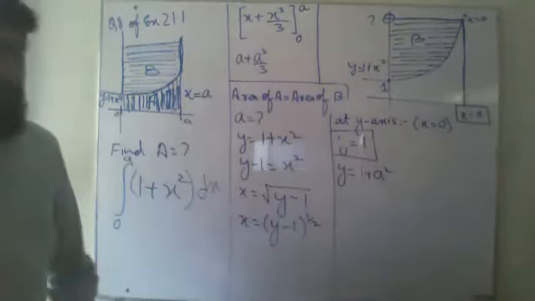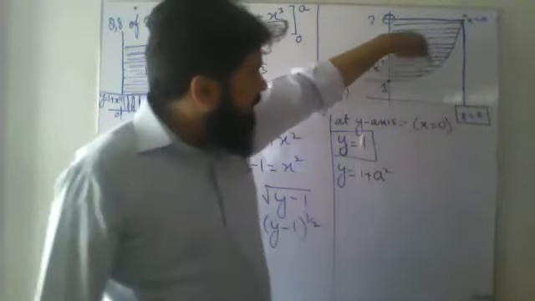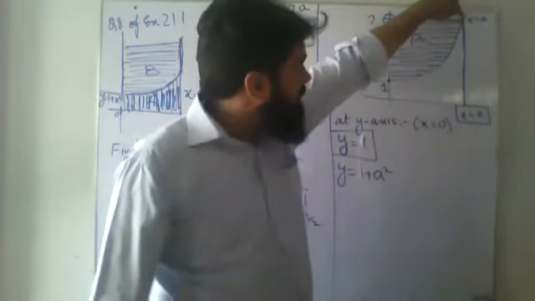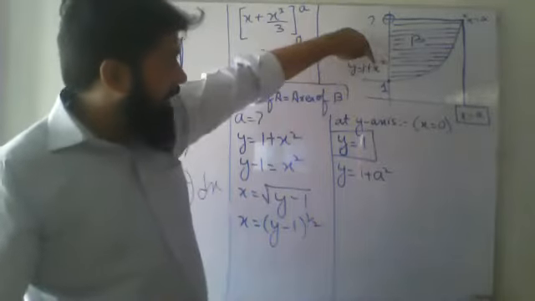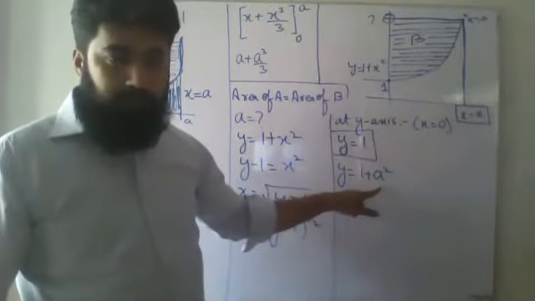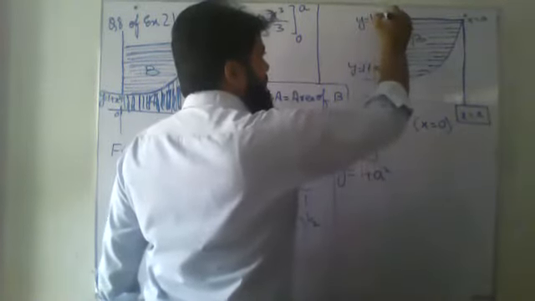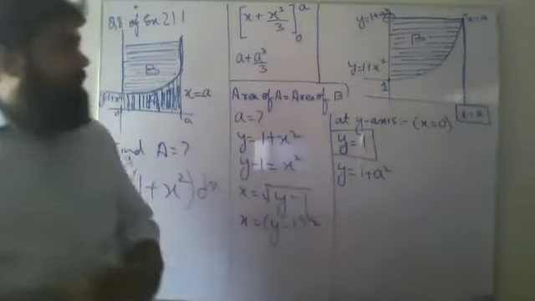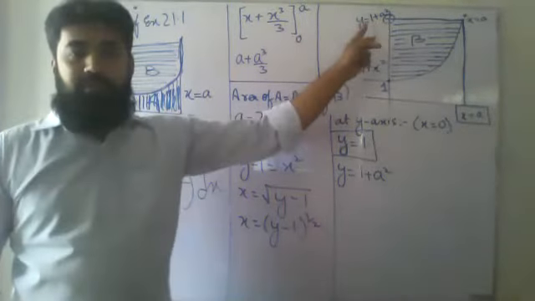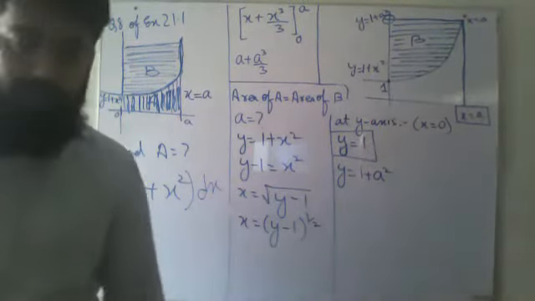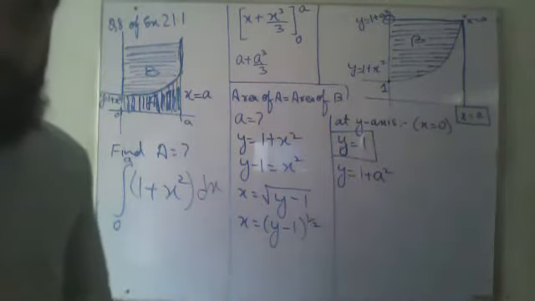At this point, the value of x is a, and I have to find the value of y. So at this point, the value of y will be 1 plus a squared. So these will be my two limits.